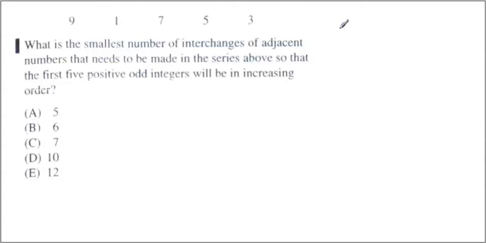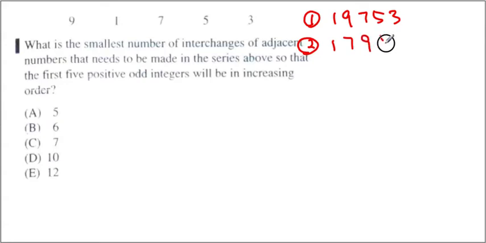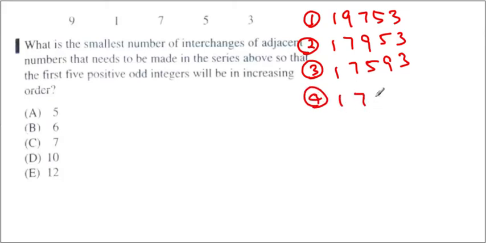We can do that one move at a time, by having 1 9 7 5 3. Of course, 9 has to go all the way over, so the second move would be 1 7 9 5 3, and the third move will make 1 7 5 9 3. I'm moving 9 all the way to the other side, so the fourth will be 1 7 5 3 9.